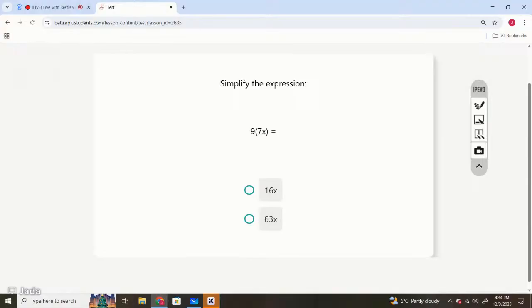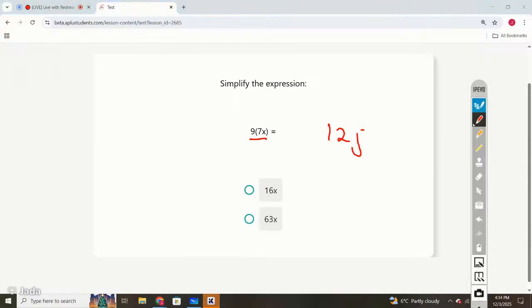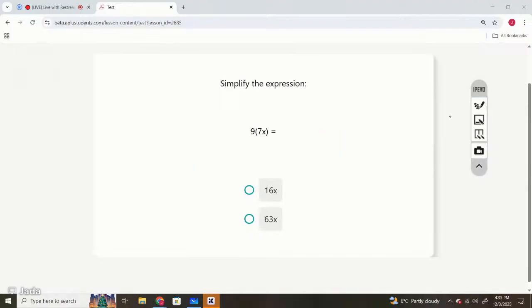Simplify the expression. 9 times 7 is 63x. So the correct option is 63x.